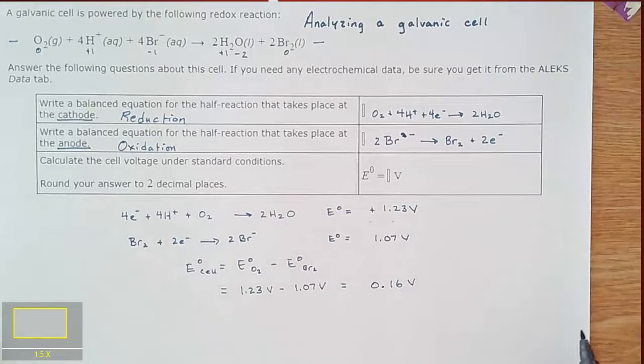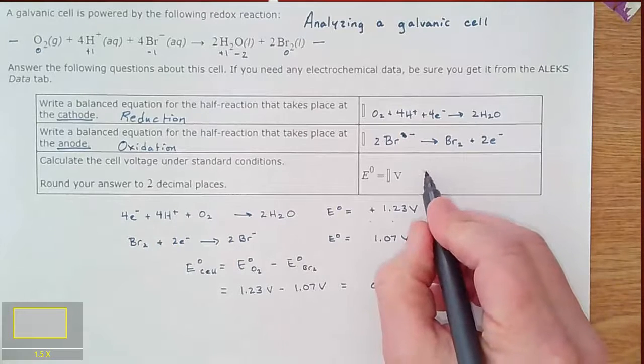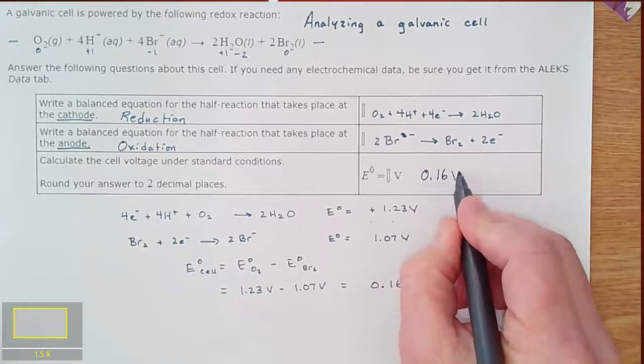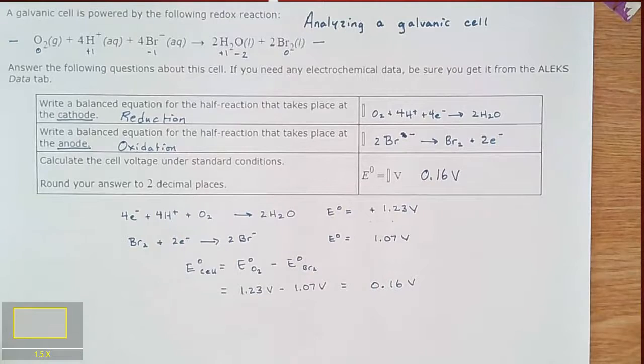So it's just a very small voltage. This is not going to be a very good battery or a very good galvanic cell, but that's what we got. So 0.16 volts would be the answer.